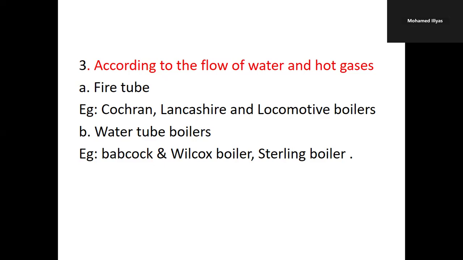In the case of water tube boilers, the water will be flowing through the tubes, and the hot gases from the furnace will be flowing over the tubes. Some examples for the fire tube boilers are Cochran, Lancashire, and locomotive boilers. And the examples of water tube boilers are Babcock and Wilcox, and Stirling boilers.